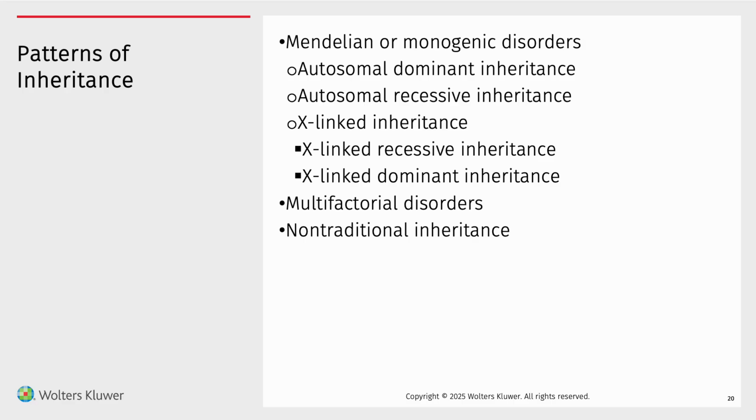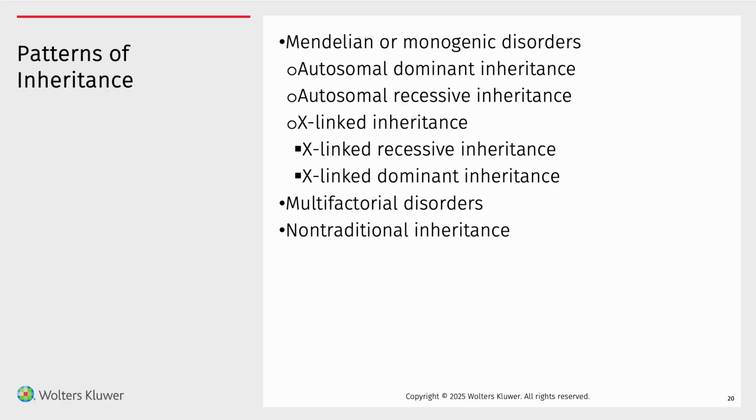Okay, you have something called autosomal dominant inheritance, and really that means only one copy of the mutated gene from either parent, mom or dad, is needed to express the trait or disorder. So in this pattern of inheritance, affected individuals have a 50% chance of passing the trait to offspring.